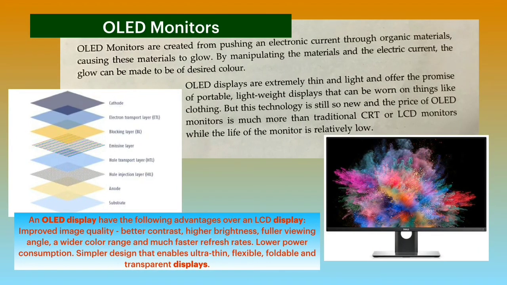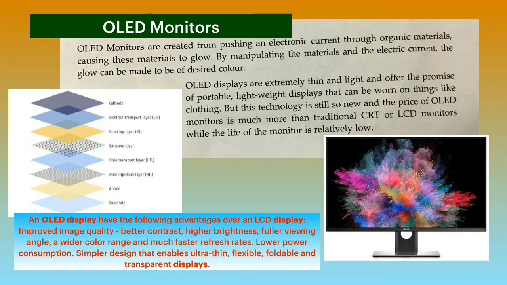Organic light emitting diodes, or OLED, in which the emissive electroluminescent layer is a film of organic compound that emits light in response to an electric current. This organic layer is situated between two electrodes.